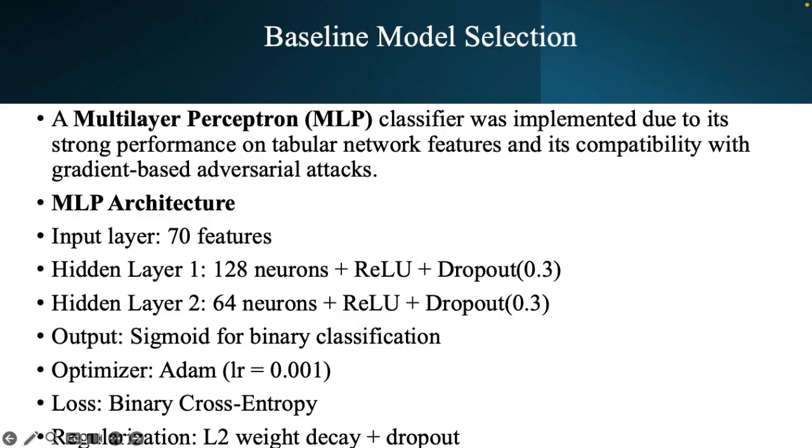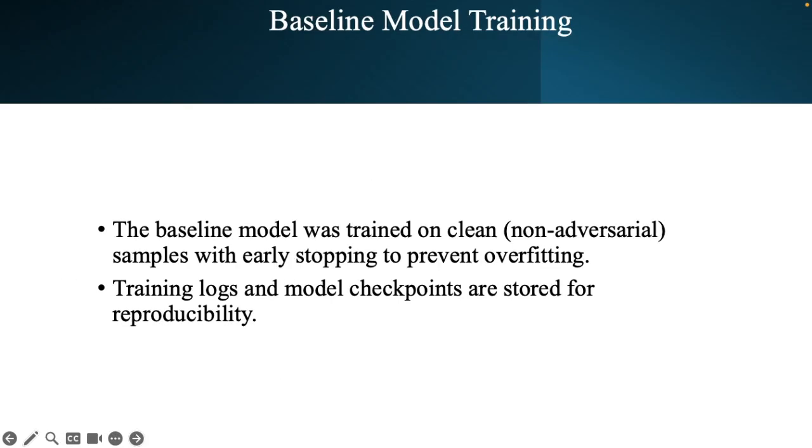The model uses dropout and L2 regularization to prevent overfitting. The baseline is trained on clean data only, and early stopping prevents overfitting, and checkpoints were used to ensure reproducibility.